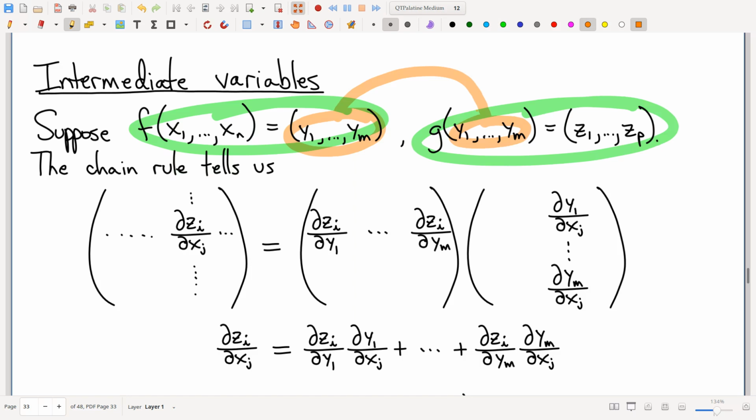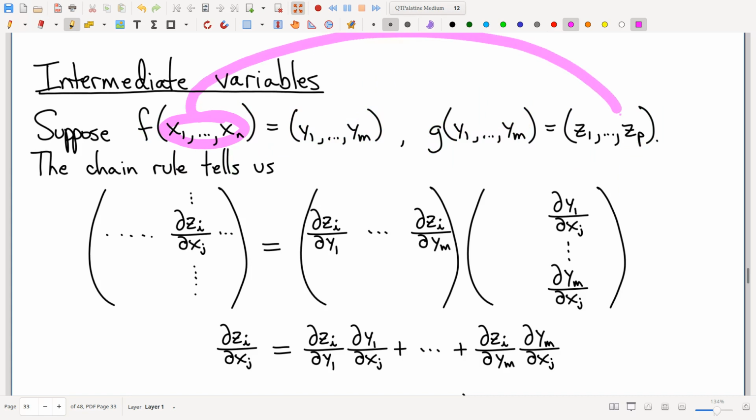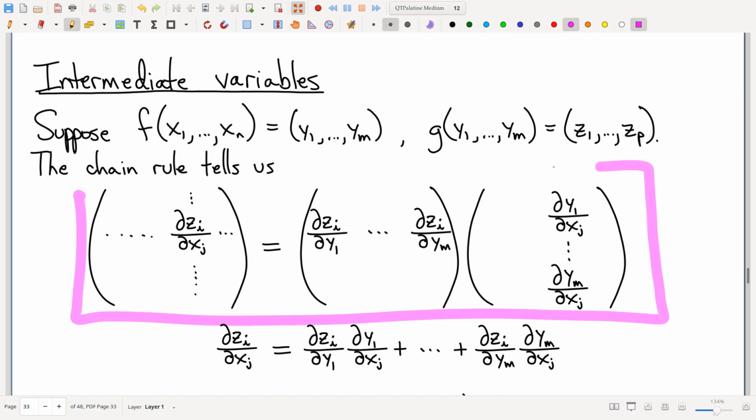And I can think about the overall composition function, which takes x's as the original inputs and gives z's as the eventual outputs. I just wanted to give names to all the variables so I could write down the matrix form of the chain rule, and here it is.